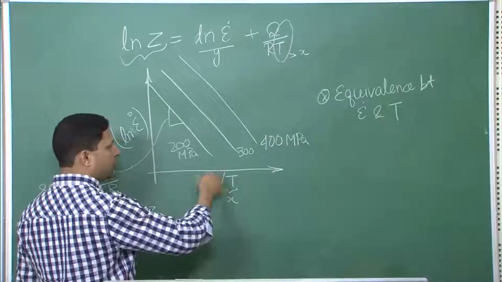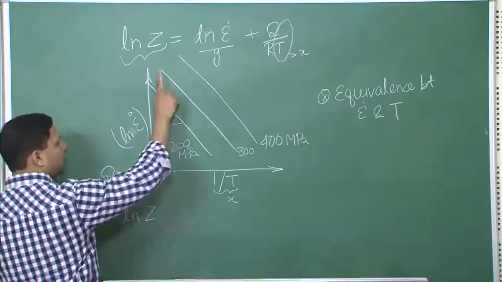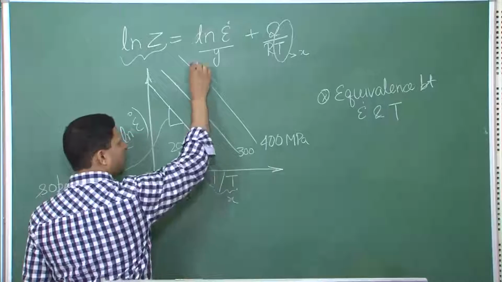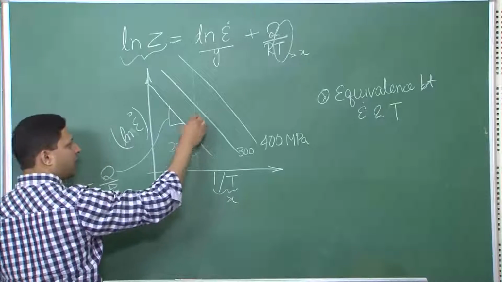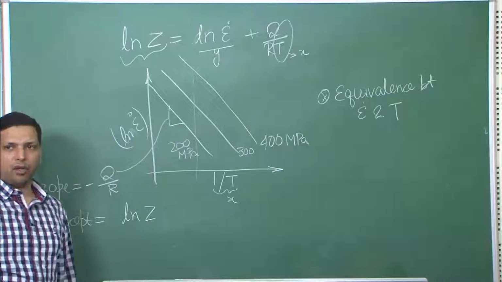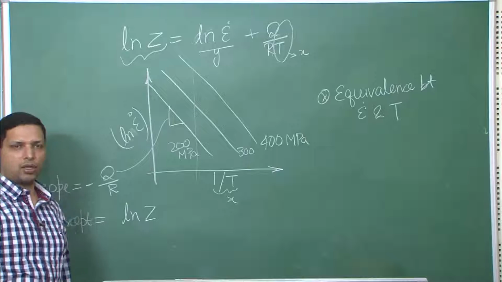So, if you increase the temperature, the yield stress is decreasing. On the other hand, the strain rate is increasing in this direction. So, if you go along a particular temperature like this, when you increase the strain rate, your yield stress increases.